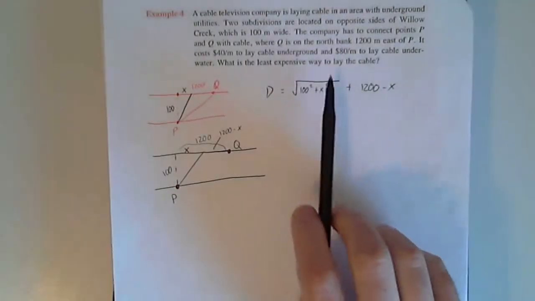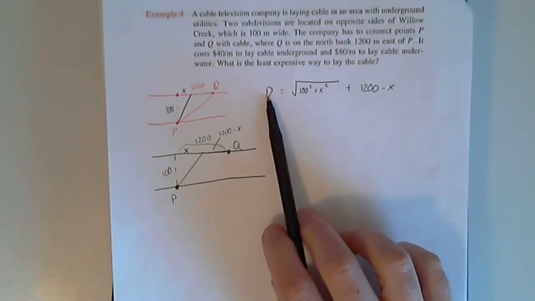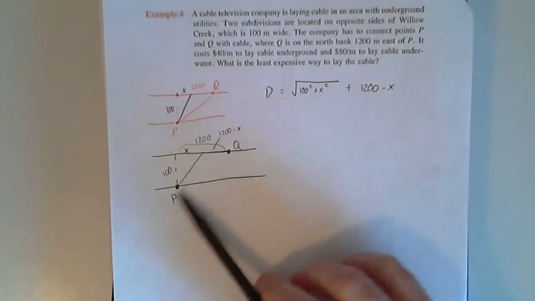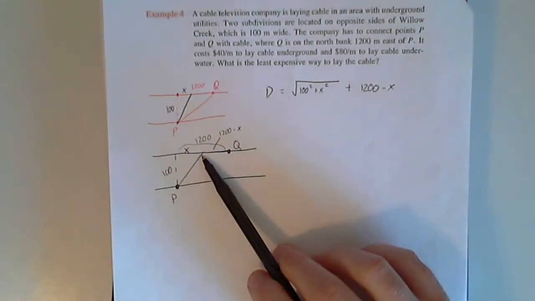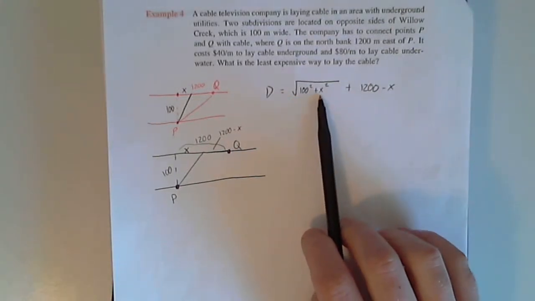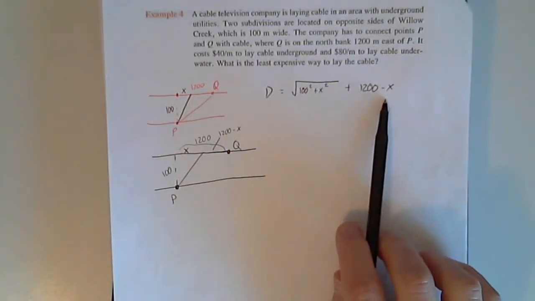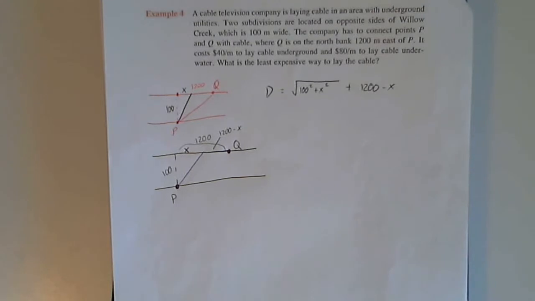Which should bring us to our first formula. The total distance that we're traveling is going to be the distance of this blue water length, which is going to be the square root of 100 squared plus x squared. Makes sense. And then you have to add it to whatever land length is left, which is 1,200 minus x. Okay, so that's just the distance.